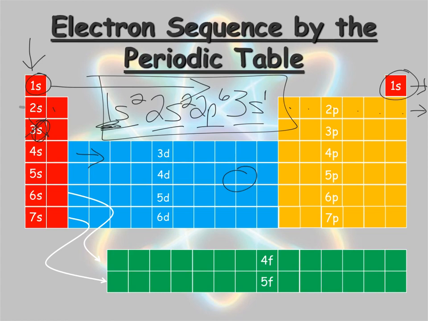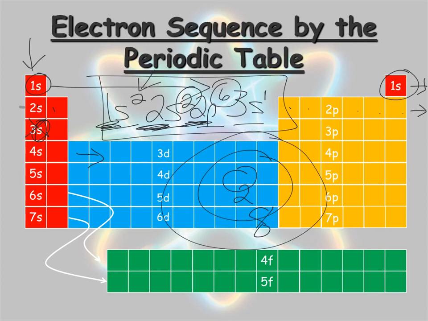The first energy level would be the first ring, and here are my electrons. I got 2 electrons there. Second energy level: I got 1 here and 1 here, so that's a total of 2 plus 6, so 8 electrons. And the third energy level, I only got 1 of those, and there is 1 electron. So that's how you could draw the Bohr diagram off of that.